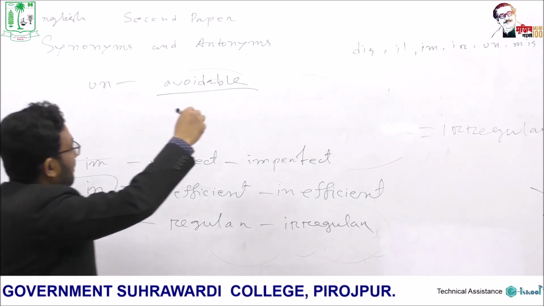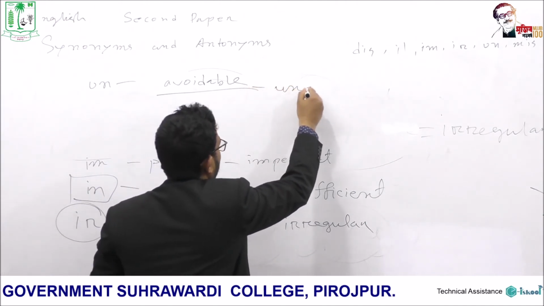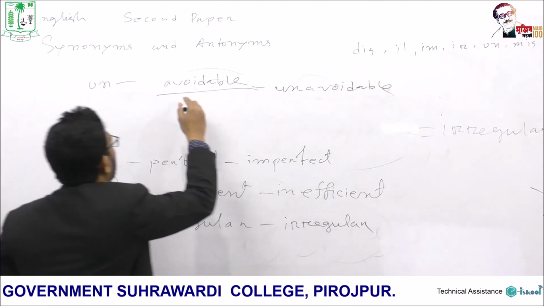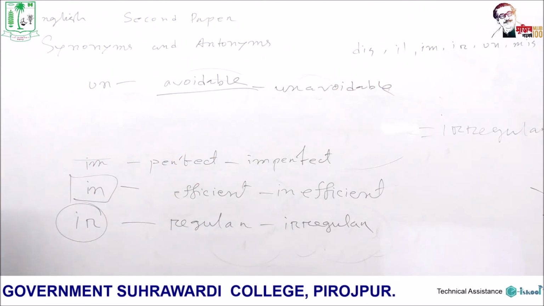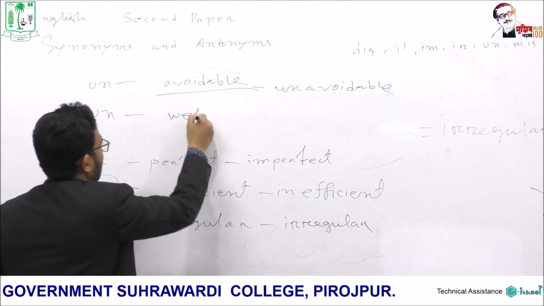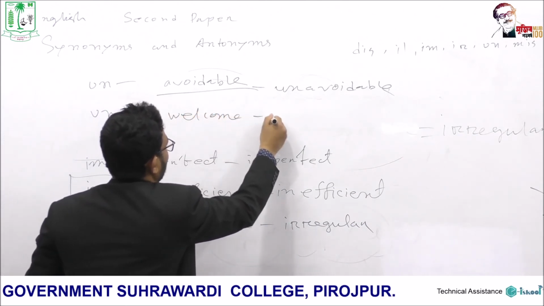Okay, it's possible. If we write unavoidable, so avoidable becomes unavoidable, the antonym of avoidable. Okay, then, and we can also write welcome, unwelcome.